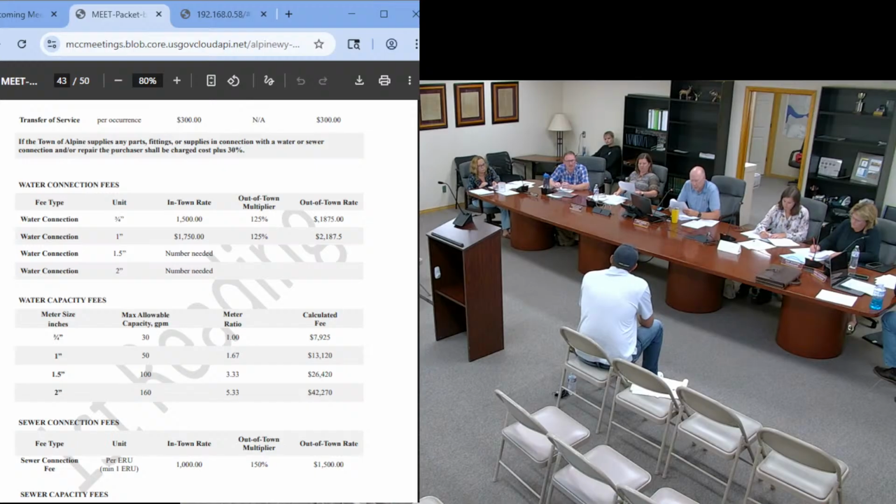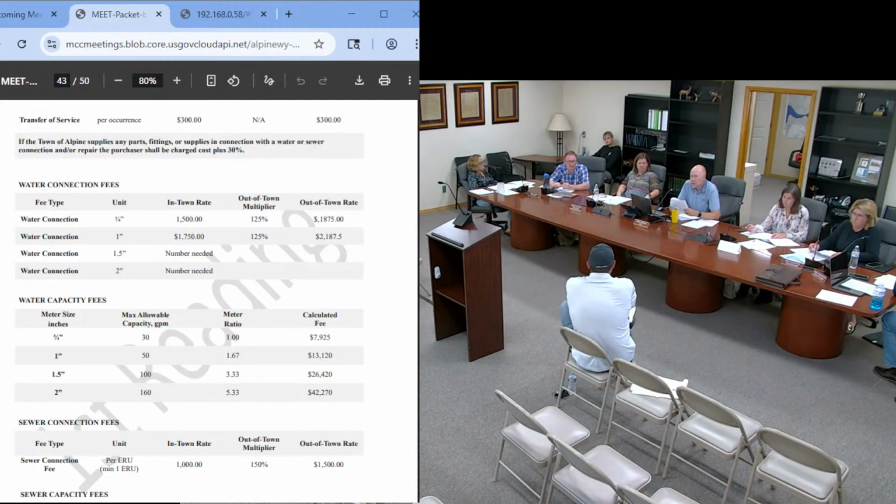Right. Do you, off the top of your head, think of a hotel or something that's got 2 inch? All the hotels are? Yes. So the hotels are on 2. What about apartments? KJ's, they're at 2. All the houses are 3/4 or 1 inch.